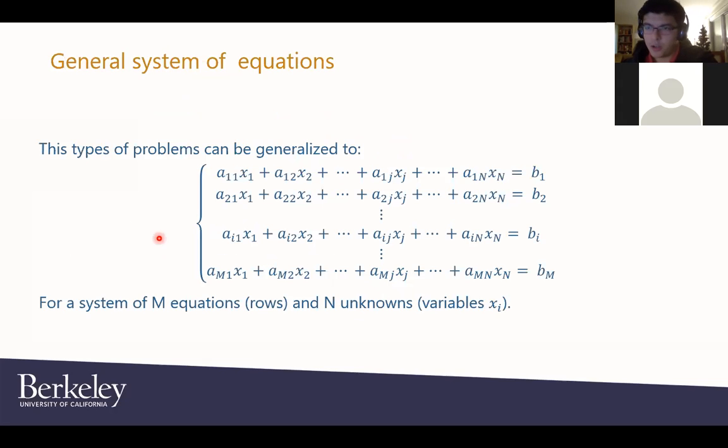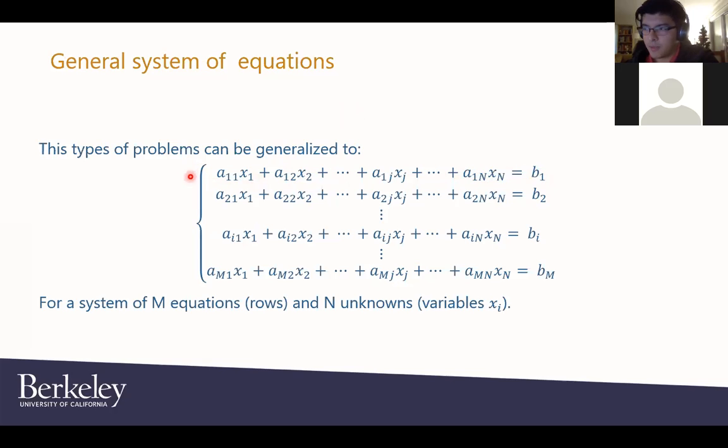And this can be generalized to bigger sets of equations. If we call all the variables x1, x2, all the way to xn, instead of x, y, and z, we could have x1, x2, and x3 times some kind of coefficients, a11, a12, a1j, all the way to a1n equals some constant b.